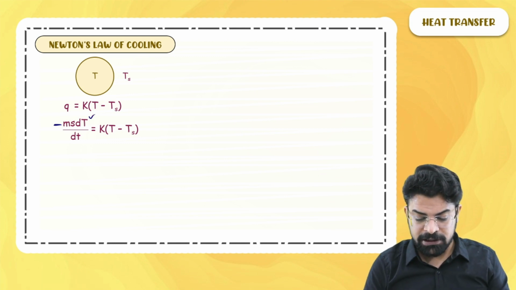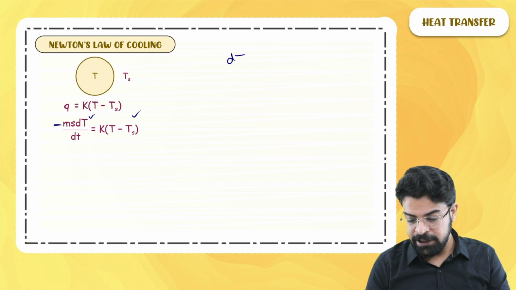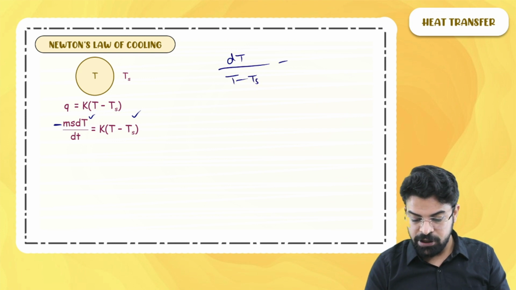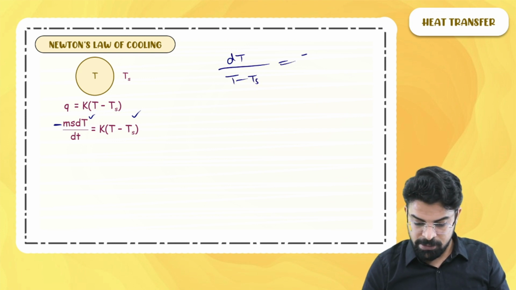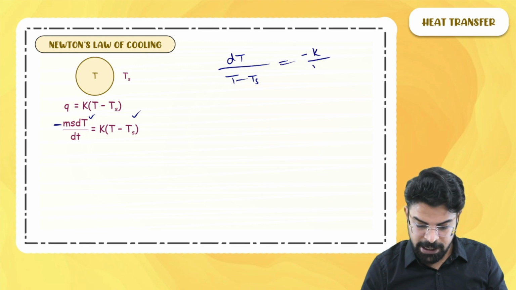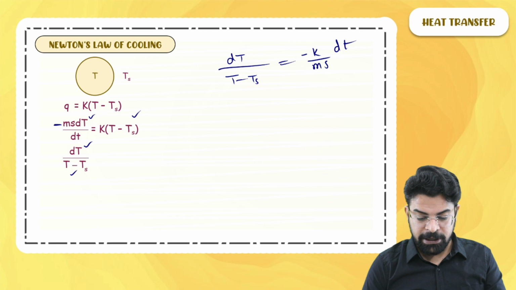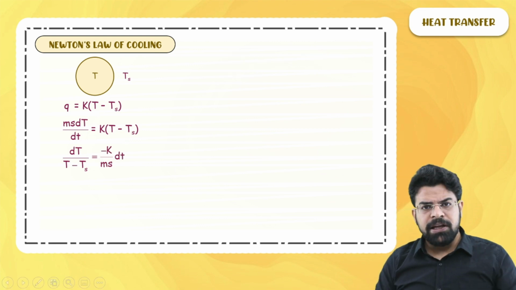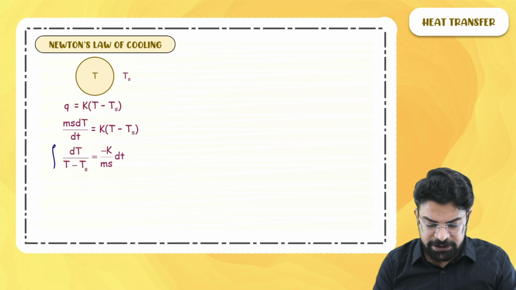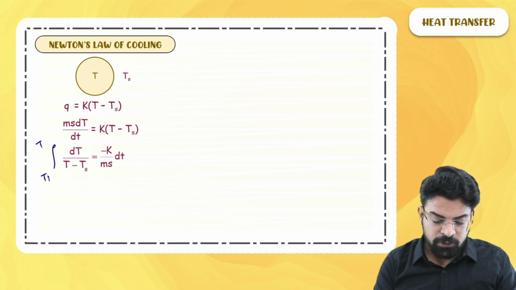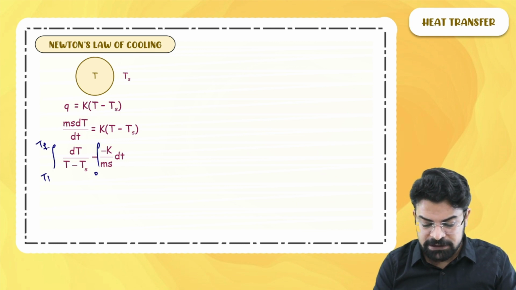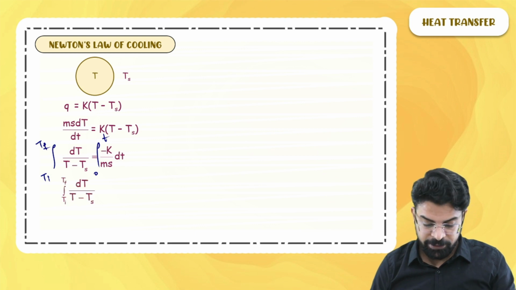Now, you can bring the temperature terms to one side and write dT upon T minus Ts equals minus k by ms into dt. Integrating both sides, on the left hand side from initial temperature Ti to final temperature Tf, and on the right hand side from initial time 0 to final time t.